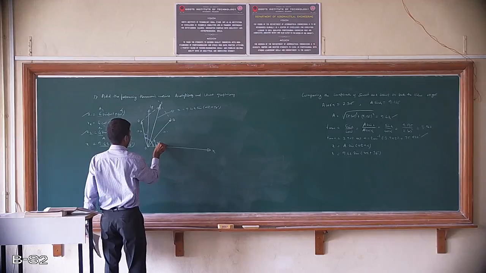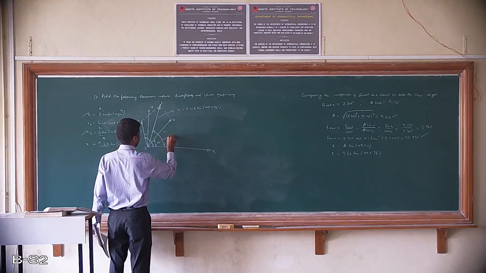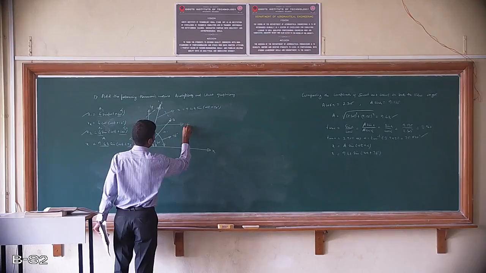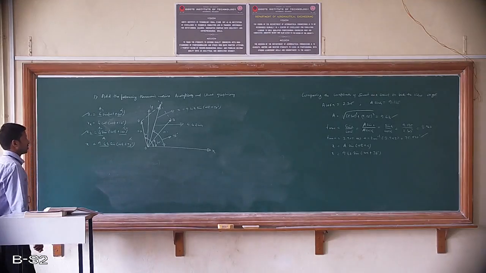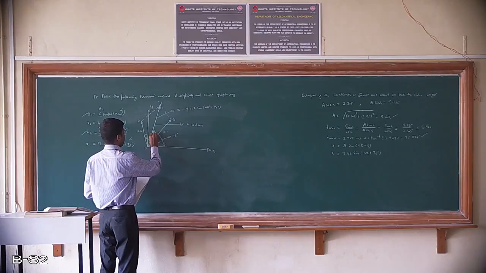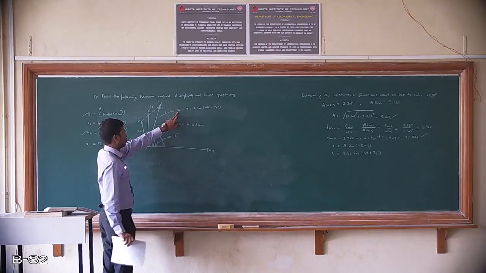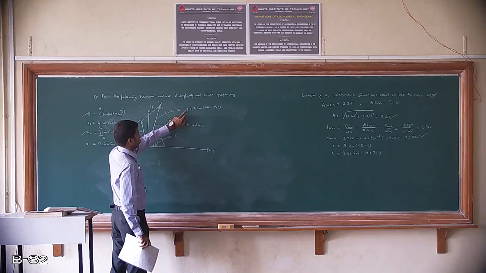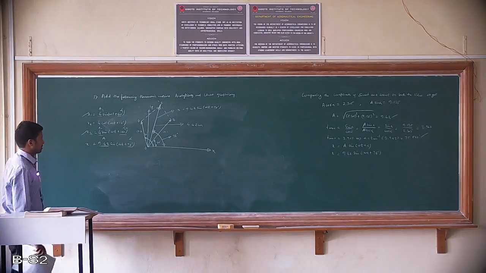If you measure the angle of the resultant line with OX, the angle will always be 76 degrees, and if you measure the length, it will be equal to 9.42 centimeters. That is going to represent the addition of two harmonic motions, the resultant harmonic motion, x equal to 9.42 into sine of omega t plus 76 degrees.